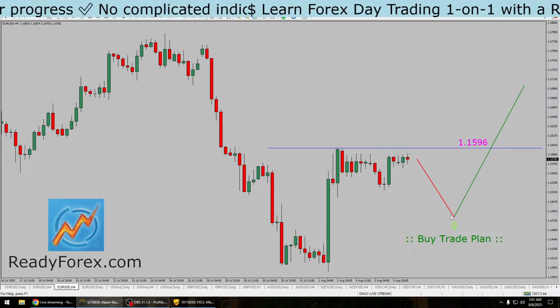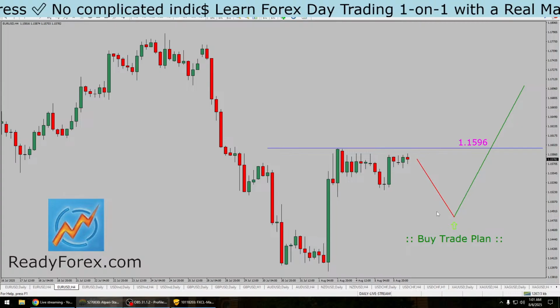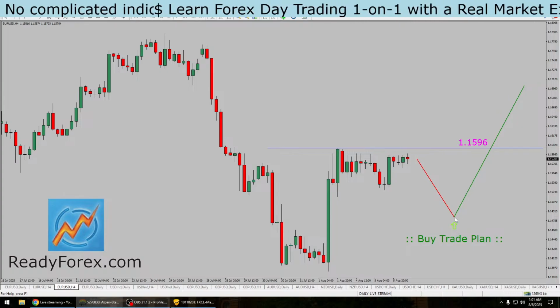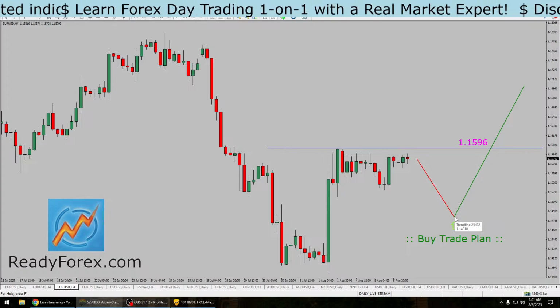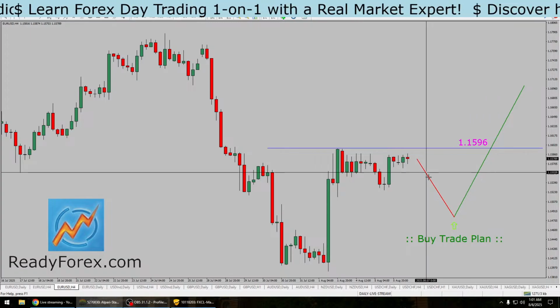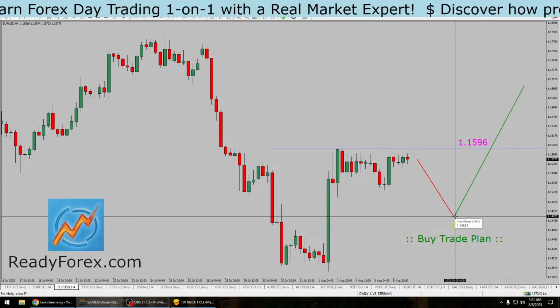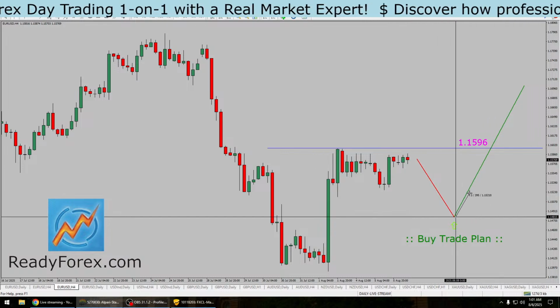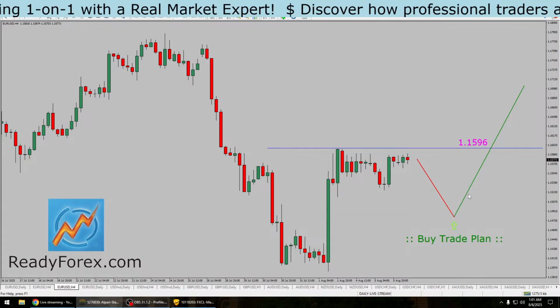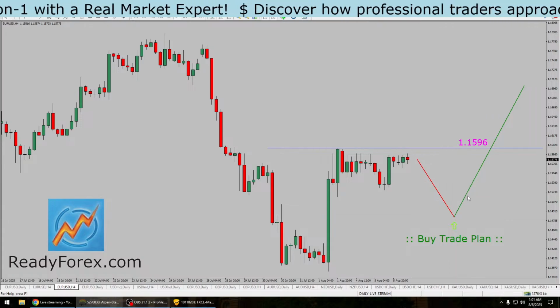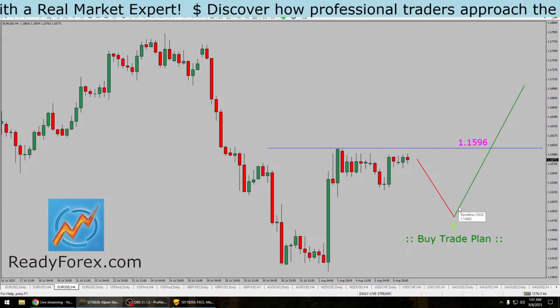Wait for a pullback, then look for some sort of a buy trade or long trade over here, depending upon the price action. Like market needs to drop first, then shows a reaction, some kind of a bounce back up first, then look for a buy trade. Otherwise wait outside.